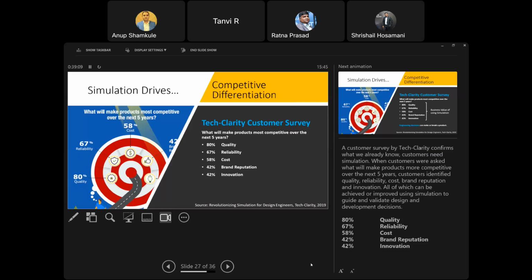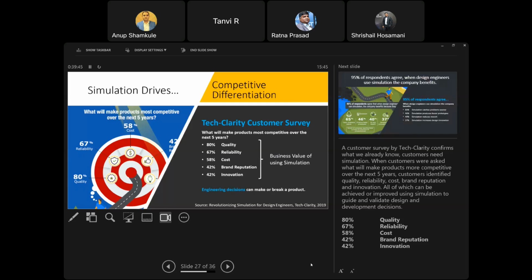When customers were asked what will make products more competitive over the next 5 years, they identified quality, reliability, cost, brand reputation and innovation, all of which can be achieved or improved by employing the right simulation tools for guiding the engineers and analysts, validating the designs, and taking the developments forward quickly. For example, 80% is quality, 67% is reliability, 58% cost, 42% brand reputation, and 42% innovation.